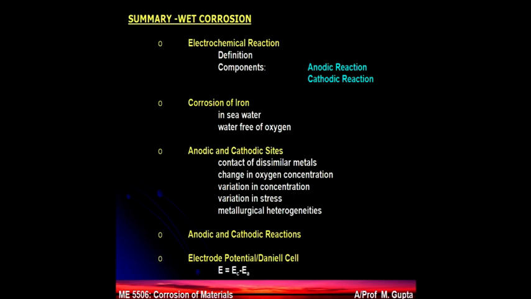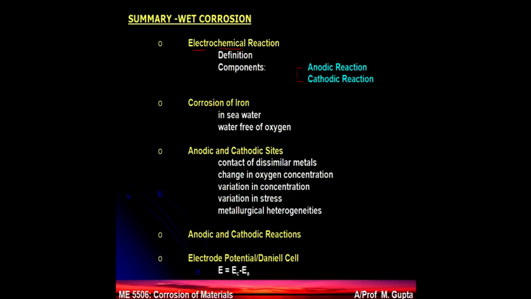In wet corrosion, the electrochemical reaction is very dominant, and we learned that it's a chemical reaction which accompanies the flow of electrons. We also learned that it has two parts, anodic and cathodic, and basically both parts have to take place for corrosion to take place.